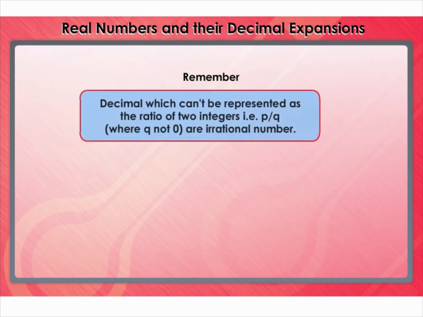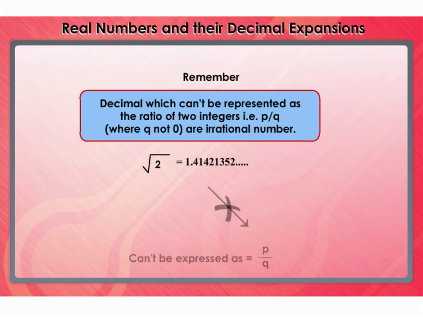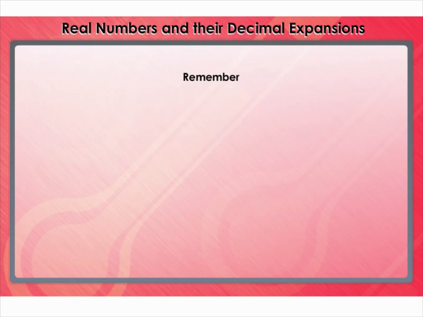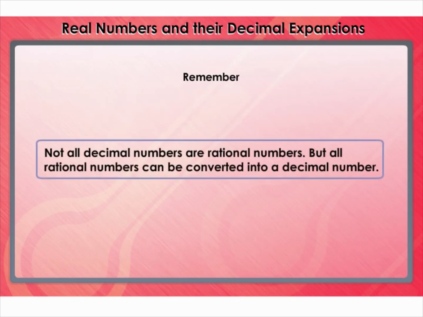So, the non-terminating, non-recurring decimals, which cannot be represented as a ratio of two integers, that is in the form of p by q, are called irrational numbers, like the square root of 2 is equal to 1.4142 and so on. In short, not all decimal numbers are rational numbers, but all rational numbers can be converted into a decimal number.